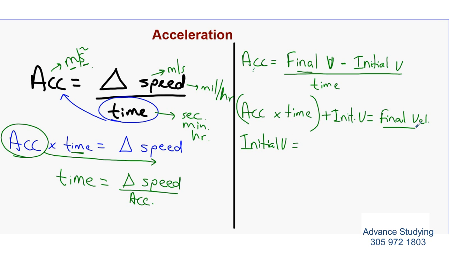On the right side I have final velocity, so final v, minus all of this, minus parenthesis acceleration times time. Good.